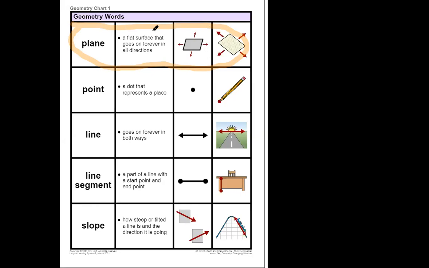So can you read our definition? What does it say? A flat surface that goes on forever in all directions. There it is. So glue that next to the plane.